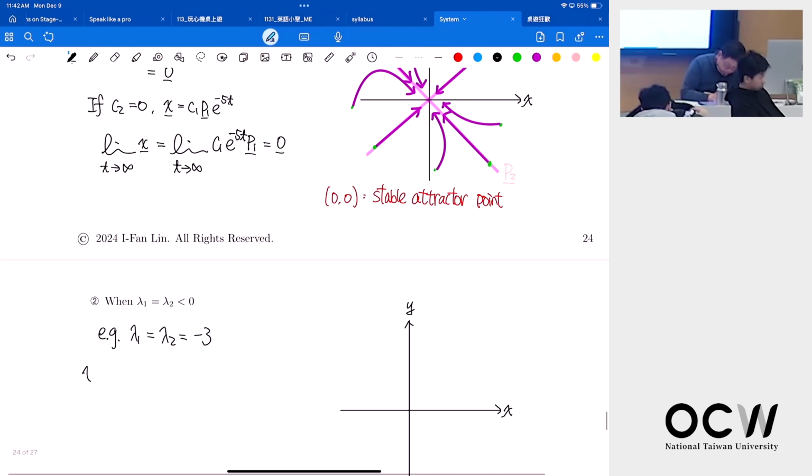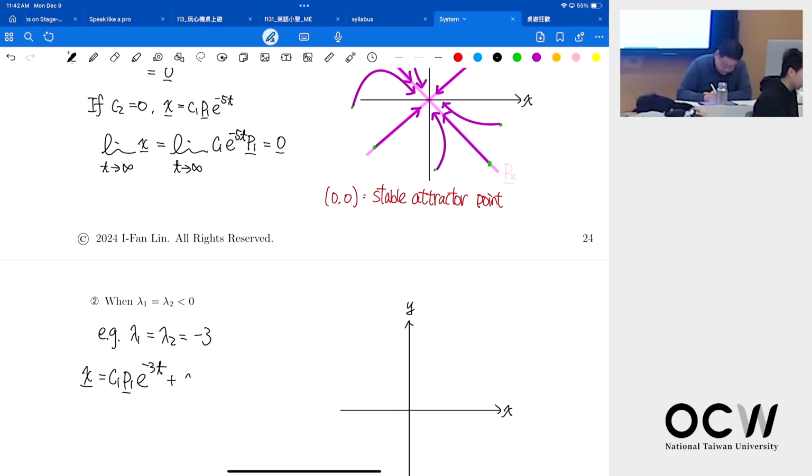Then my solution x is c1 p1 e to the minus 3t. The second one, since they are repeated, remember, I still have e to the minus 3t.